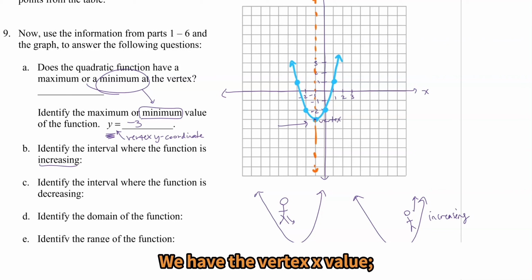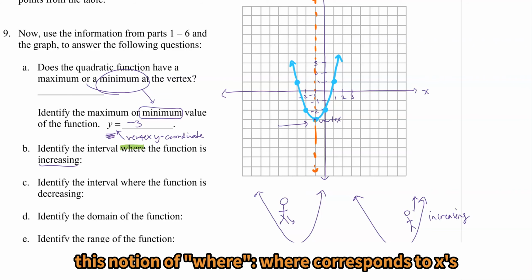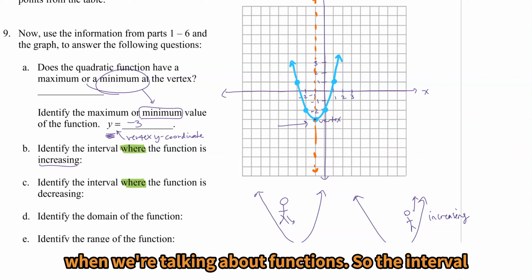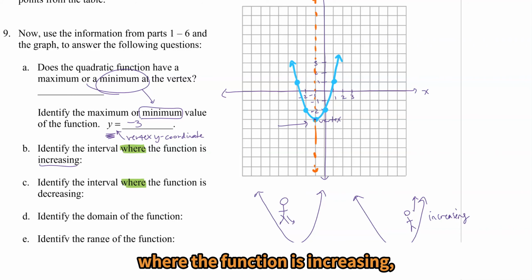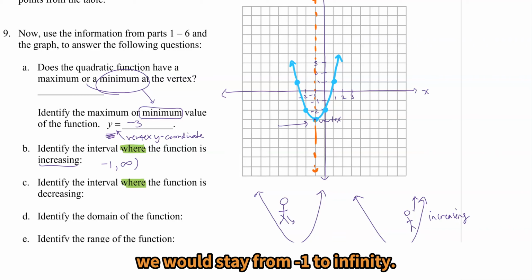So we have the vertex x value. Oh, I should point this out too. This notion of where corresponds to x's when we're talking about functions. So the interval where the function is increasing, we would say from -1 to infinity.